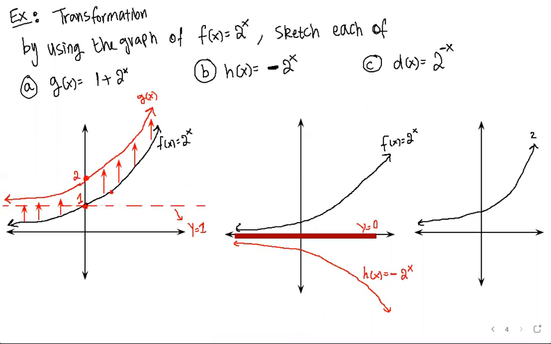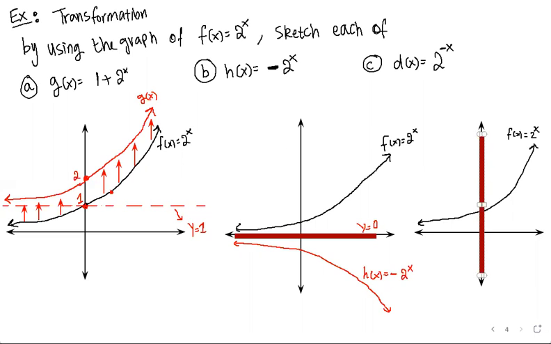This is 2 to the x, f of x. Now we reflect everything around the y-axis. Why? Because the minus is inside the function. So the new graph will be reflected around the y-axis like this.